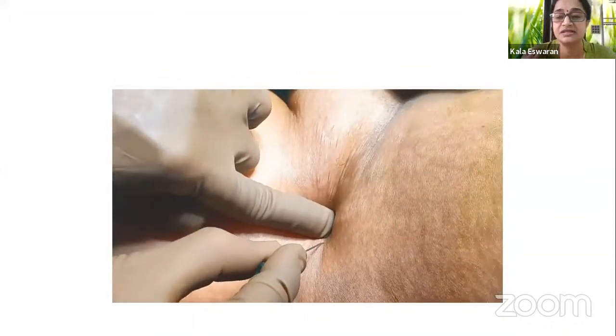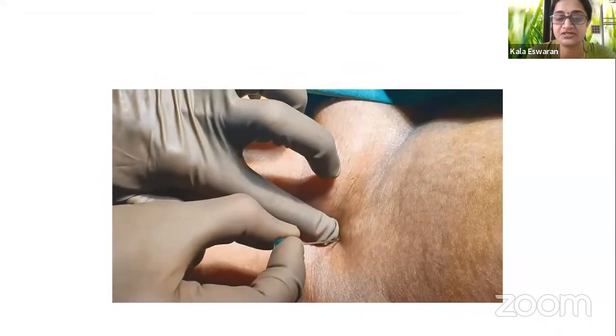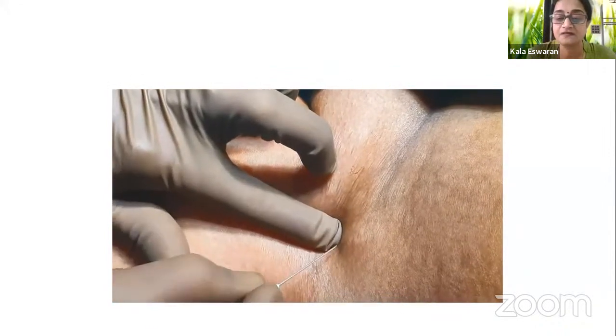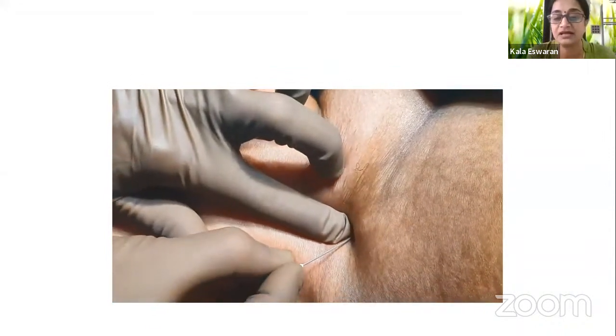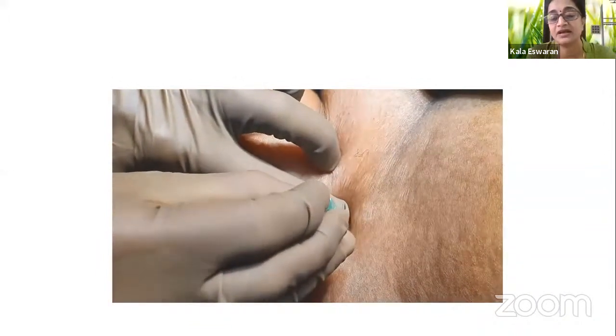When you're entering the skin, because the tip is blunted, you have to use the lateral sharp edges of the hypodermic needle. So you enter through that, and then once it's gone beyond the skin, you go perpendicular.